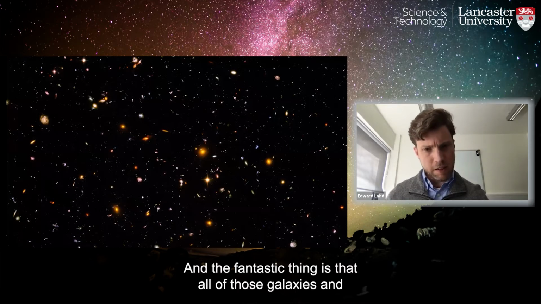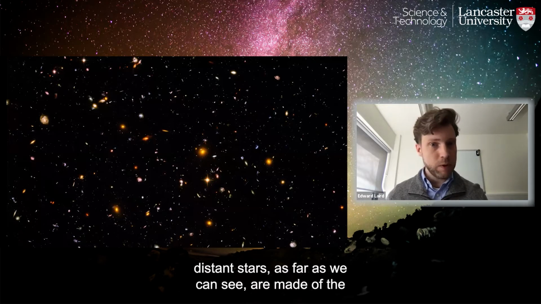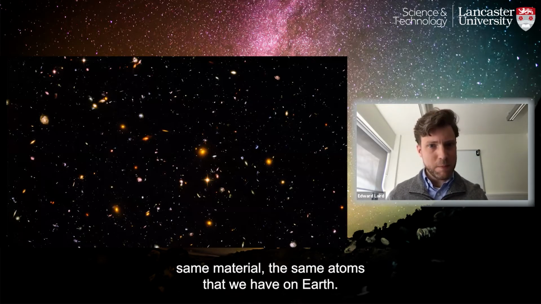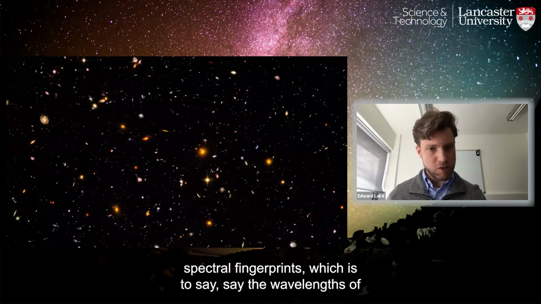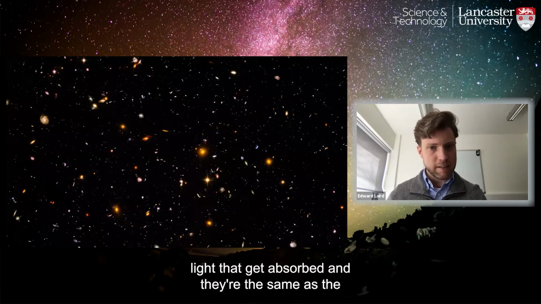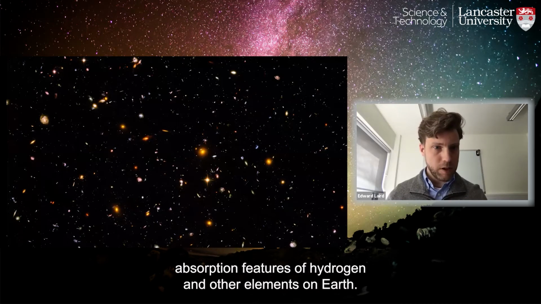The fantastic thing is that all of those galaxies and distant stars, as far as we can see, are made of the same materials, the same atoms that we have on Earth. We know this because we can look at the spectral fingerprints, which is to say the wavelengths of light that get absorbed, and they're the same as the absorption features of hydrogen and other elements on Earth.